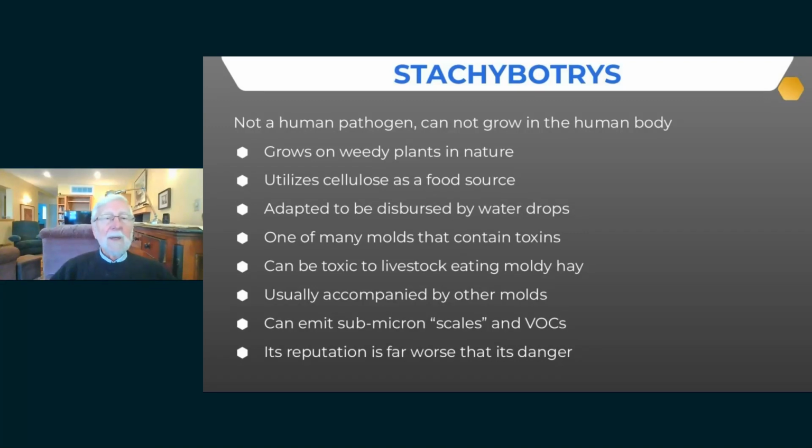It grows outside in woody plants in nature. It uses cellulose of grassland plants, little weedy plants. It uses that cellulose, and it finds the cellulose on the paper surface of sheetrock very inviting. It's actually a water-adapted fungus.